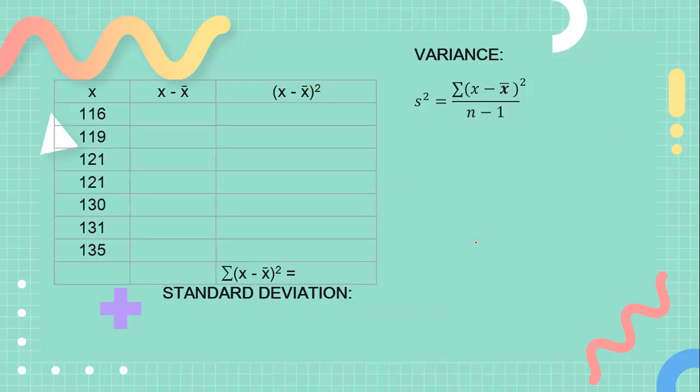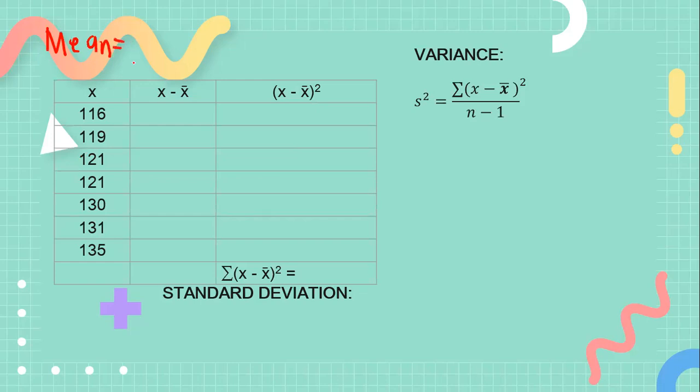So for this part, let's solve again. Let's solve for x minus the mean. So our mean, what was our mean, class?